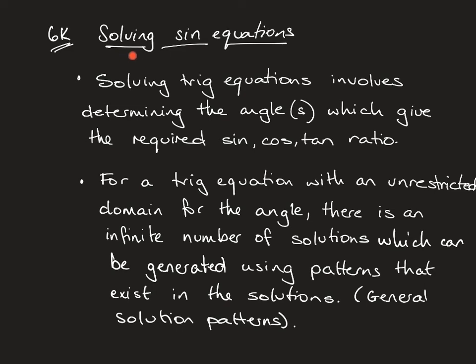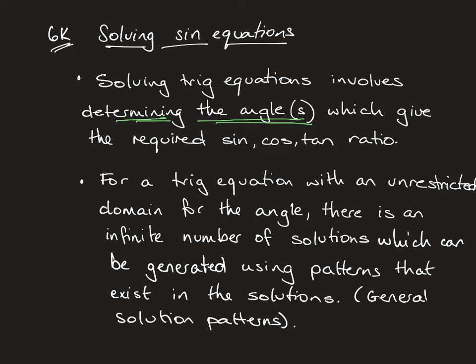So in this equation, we're going to be looking at specifically solving sine equations and generating solutions for those. When we talk about solving trig equations, what it means is that we're trying to determine the angles which give that particular sine, cos or tan ratio.